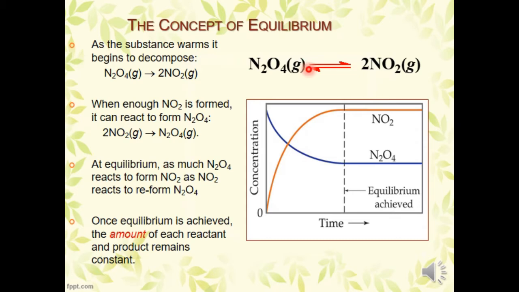This double arrow indicates that the reaction is reversible. So dinitrogen tetroxide decomposes to nitrogen dioxide, and we can reverse this reaction, with nitrogen dioxide forming dinitrogen tetroxide.